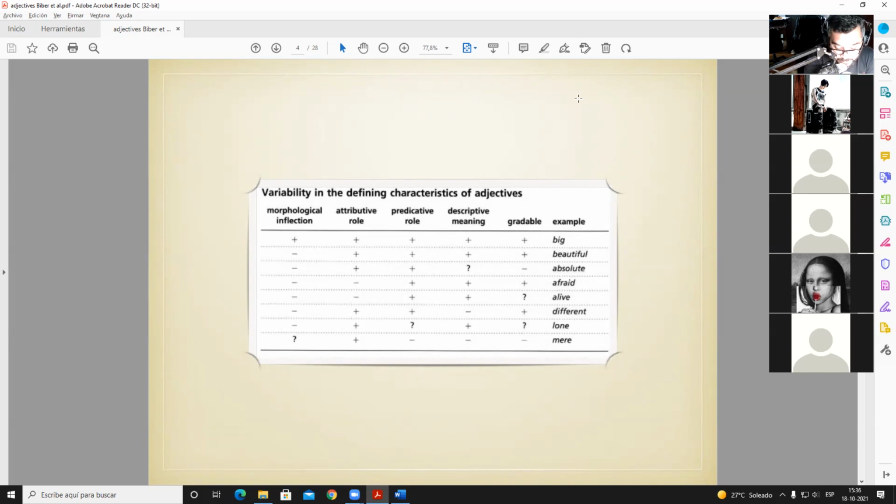The criteria are morphological inflection, attributive role, predicative role, descriptive meaning, and finally gradability. If you can fulfill all of them, then you're a central adjective. If you miss one of them, you're peripheral. That's it.